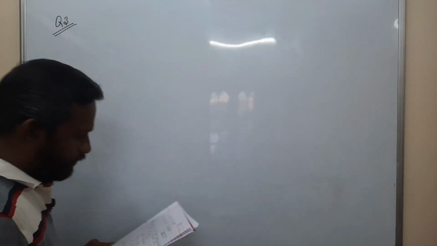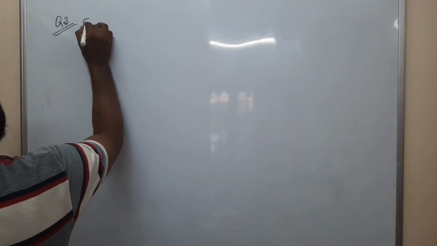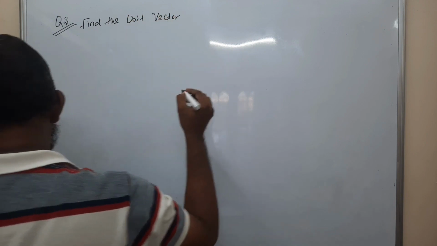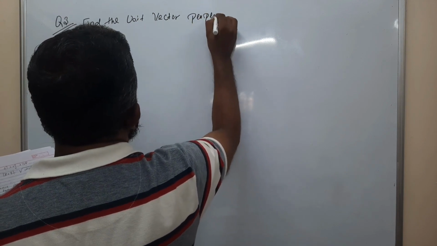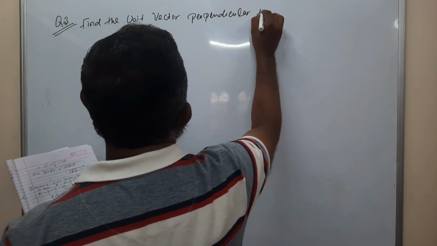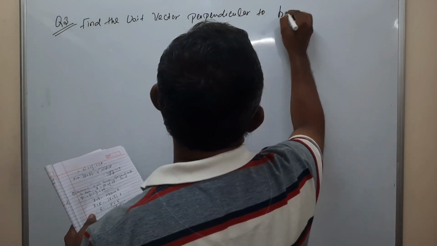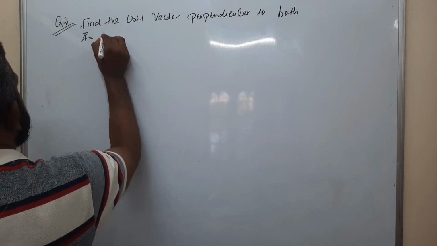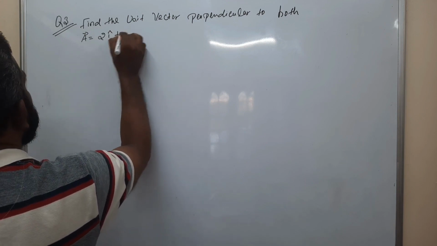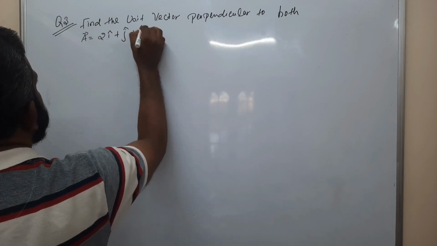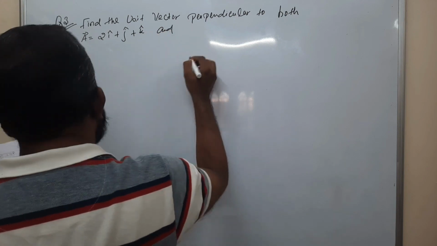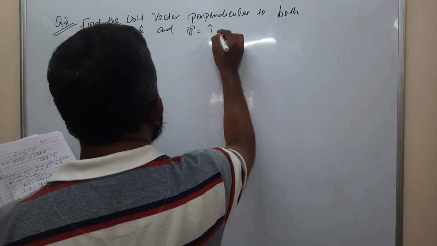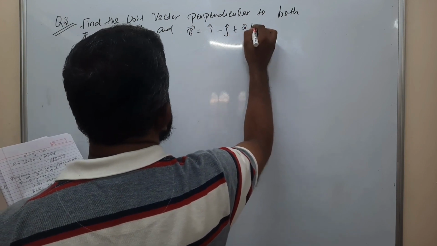Find the unit vector perpendicular to both a vector, equal to 2i cap plus j cap plus k cap, and b vector, equal to I cap minus j cap plus 2k cap.